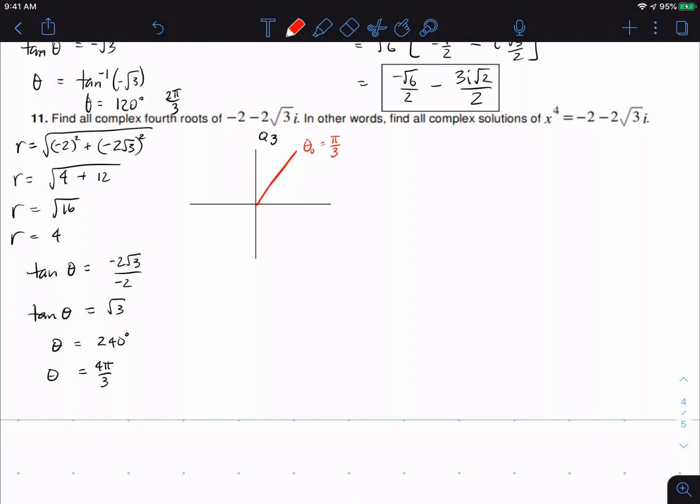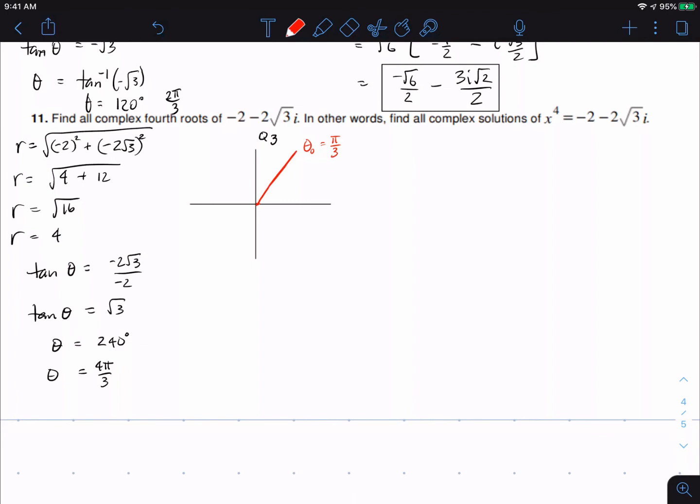Okay, good. Now, I'm going to go full circle divided by 4, and full circle divided by 4 means I'm going to add 90 degrees each time, right? Because 360 divided by 4 is 90, or 2 pi divided by 4 is pi over 2.